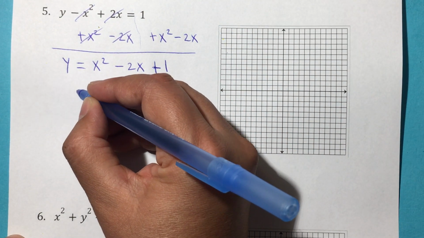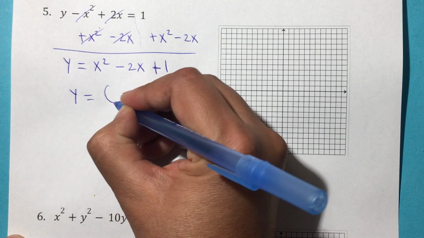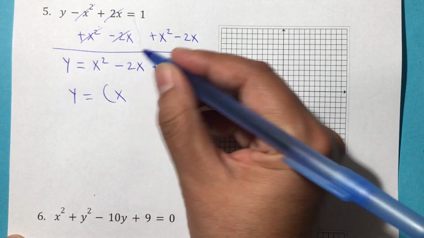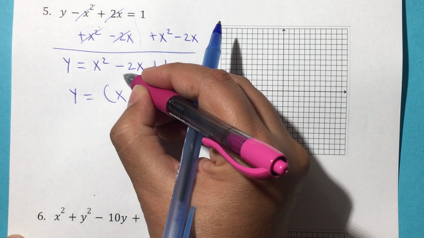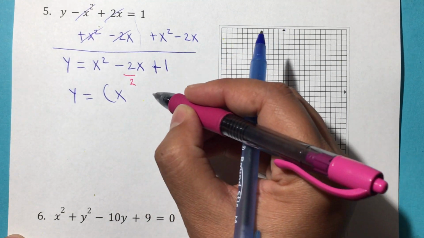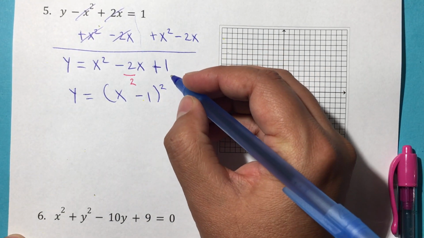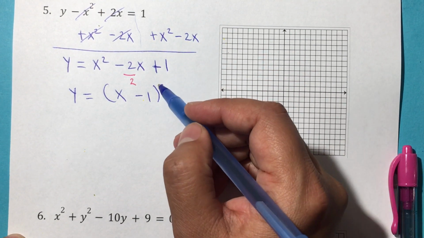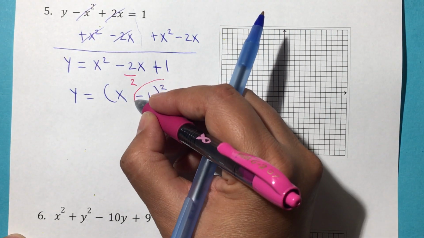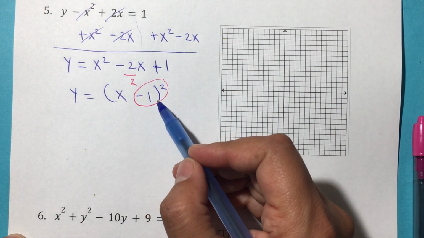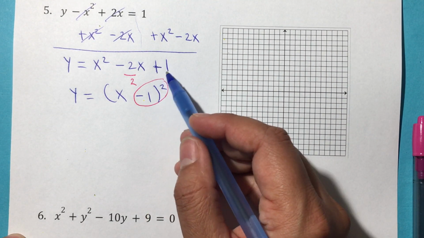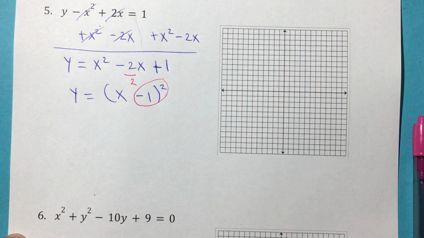Now we're going to complete the square. We put x, divide this by 2, and we get -1. And in here, I want you to notice that if we raise this to the second power, -1 times -1 becomes +1, which we already have in here. So it's already a complete square.